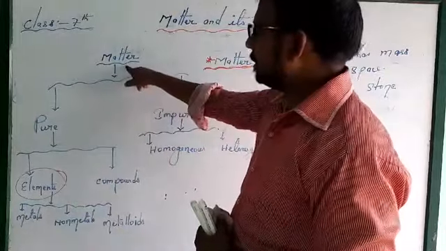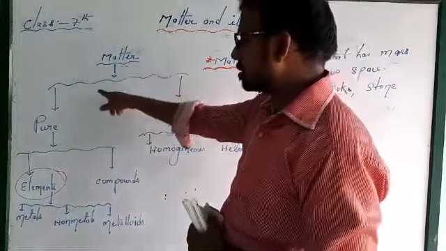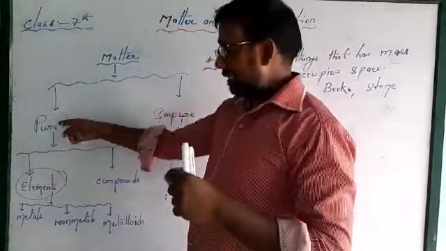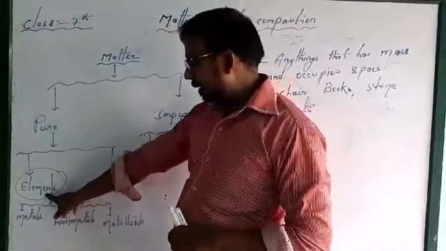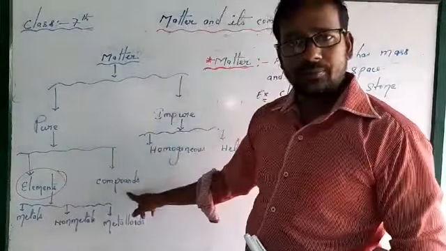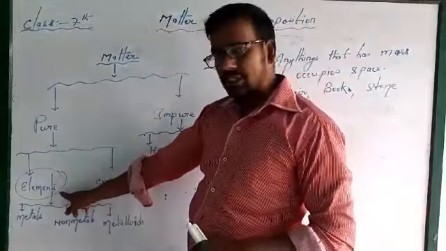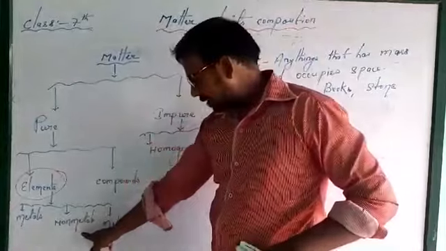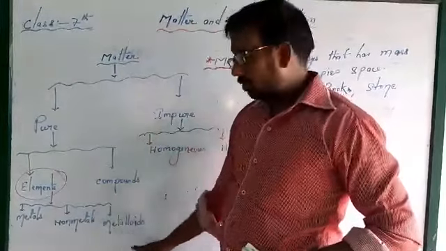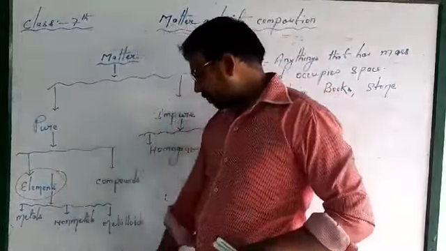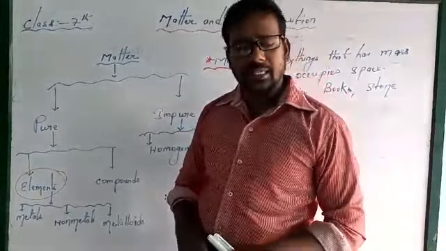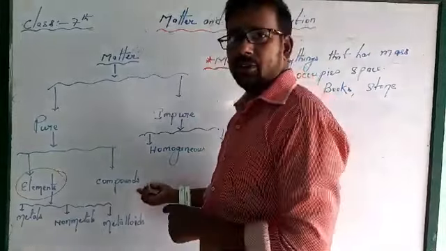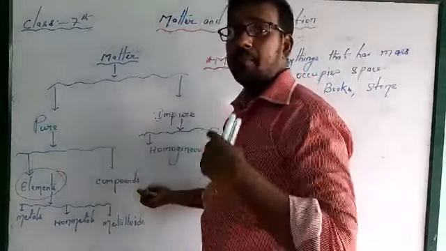So matter is further classified into pure and impure, and pure is further classified into elements and compounds. Elements are further classified into three categories: metals, non-metals, and metalloids. What is metal, non-metal, and metalloid we will discuss in the next chapter, and compounds also we will discuss.